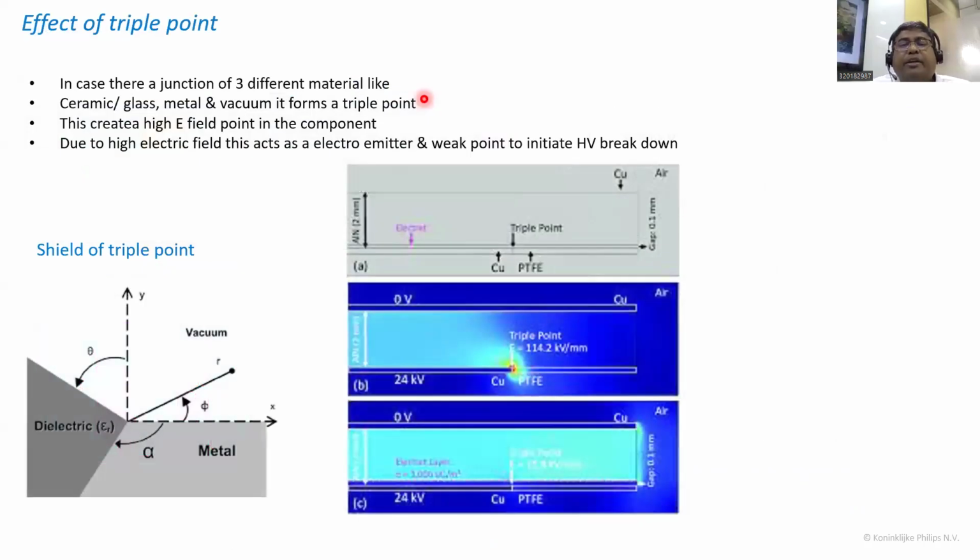Another failure mode that's also very well known to the high voltage engineer is the triple point. In vacuum, the triple point means the junction of glass, metal, and vacuum, and it is an emitter point of electrons. So during high voltage design, we need to take care that all the triple points are properly shielded and not exposed.